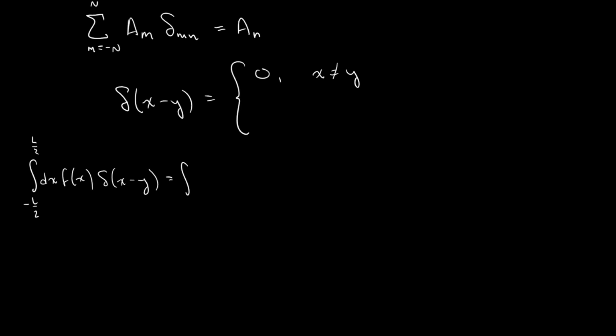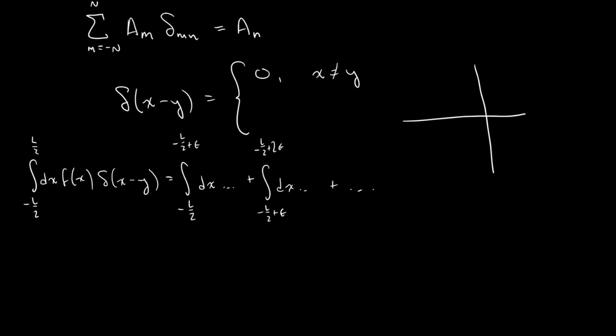I'm going to break it up into tiny little pieces: from minus L over 2 to minus L over 2 plus epsilon dx times all this stuff, plus minus L over 2 plus epsilon to minus L over 2 plus 2 epsilon dx, and so on and so forth. So schematically, what am I doing? I have minus L over 2 to L over 2, and I'm just cutting it up into little tiny pieces.